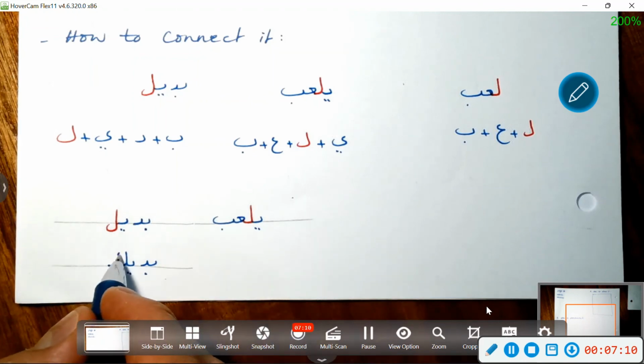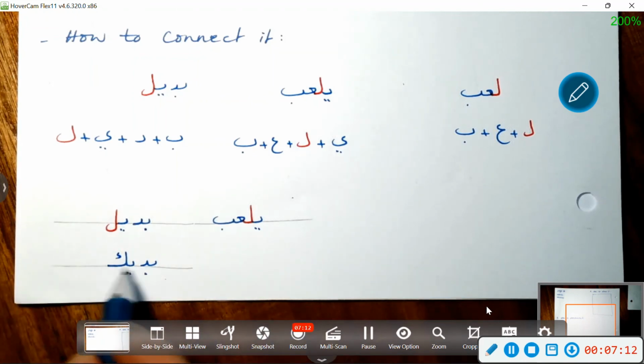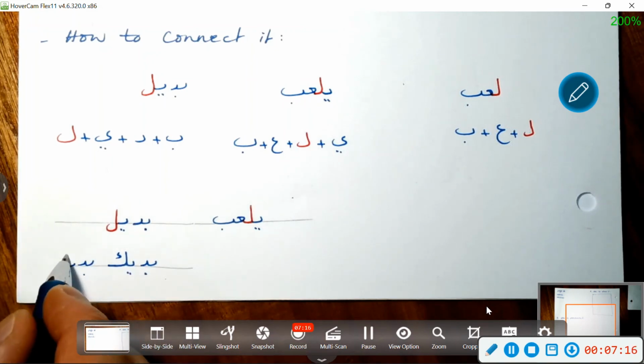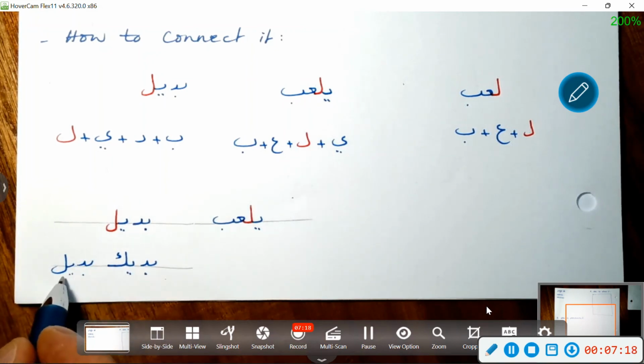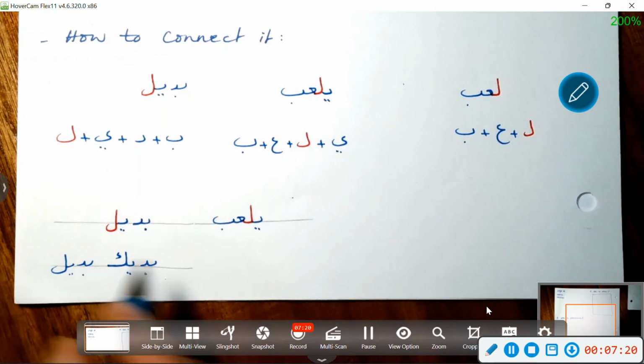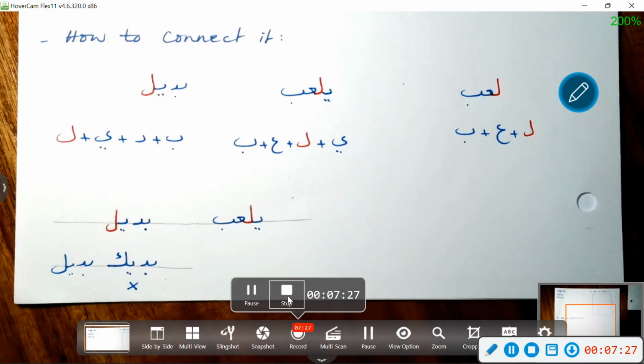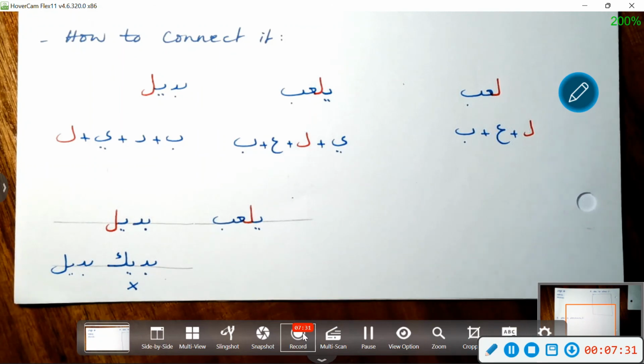Now it has no meaning, this word, but we have to draw it below the line, so we know this is lam. Now لعب means he played, يلعب means to play, بديل means substitute.